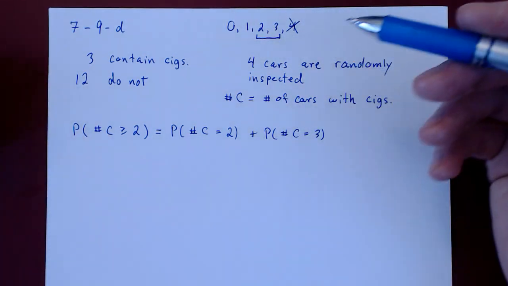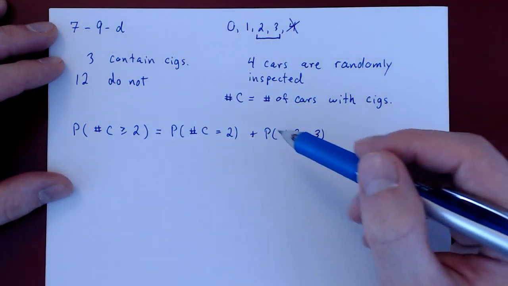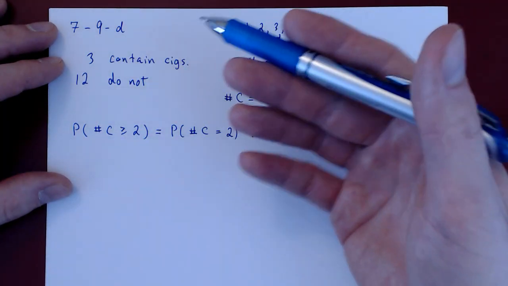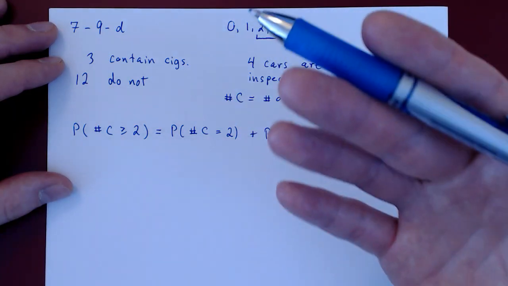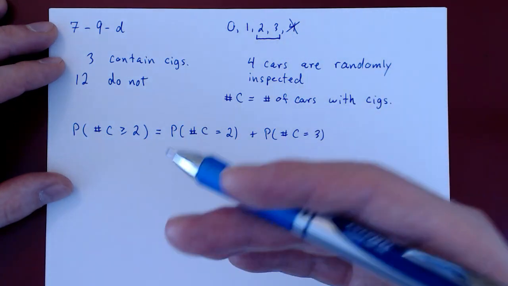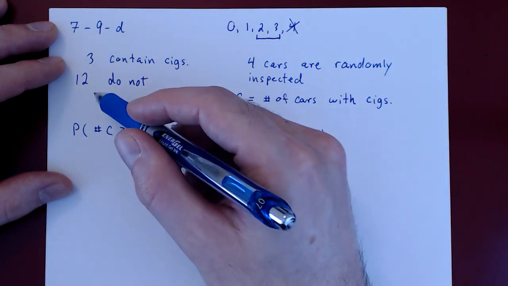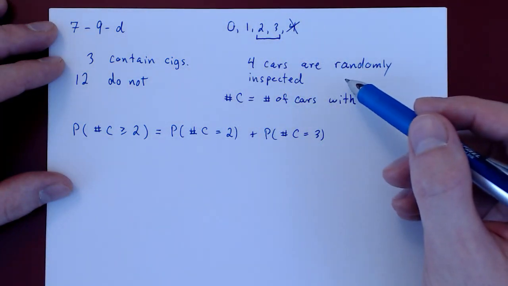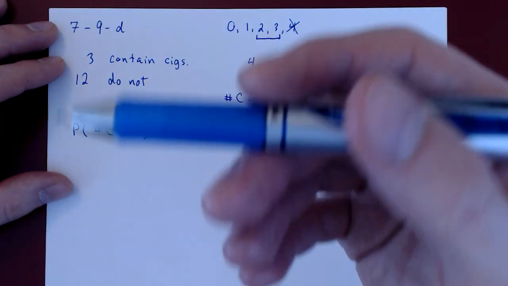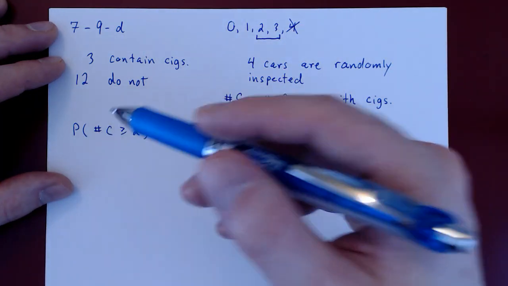Now what is the setup? Each car, since it is selected randomly, has the same probability of being selected. So we can use here the law of equiprobability, telling us that probabilities are simple fractions. Once a car is selected for inspection and we select the next car, the first car is not put back in the lot and cannot be chosen again.